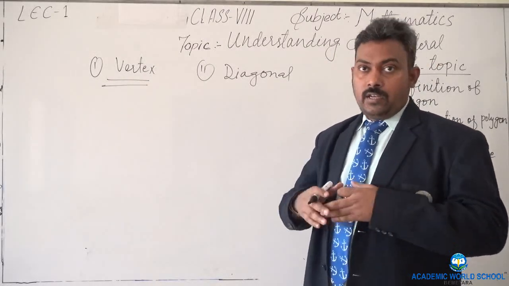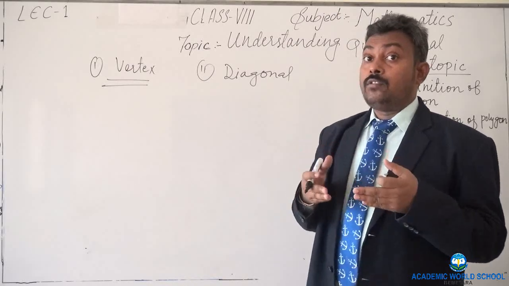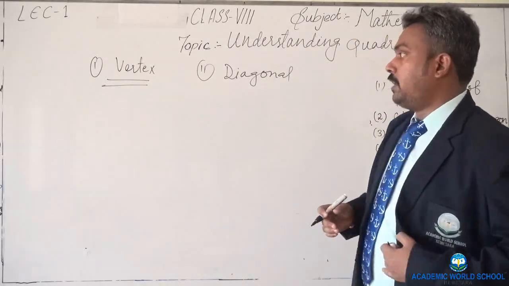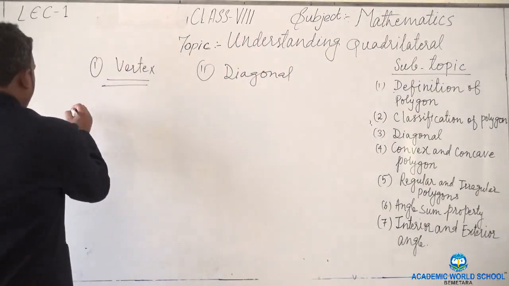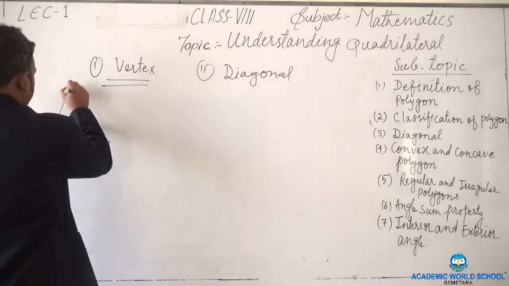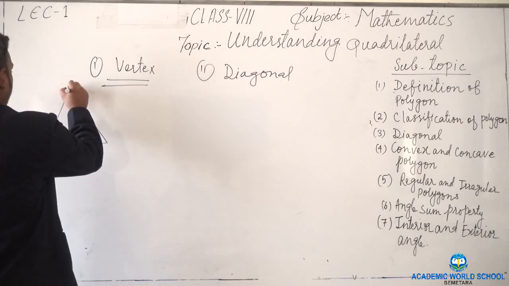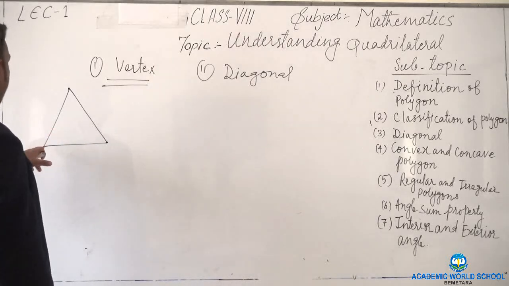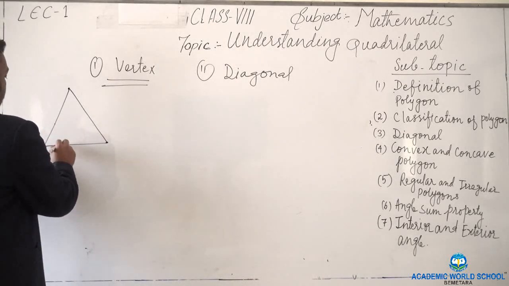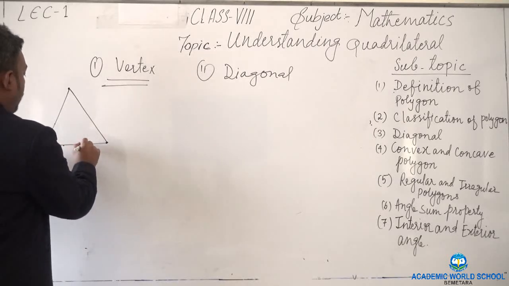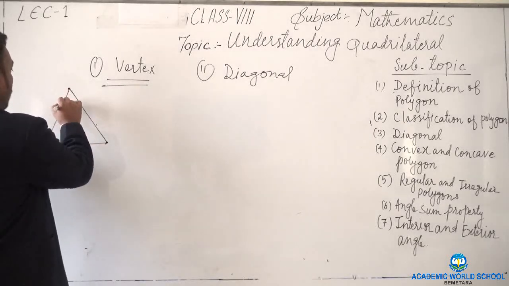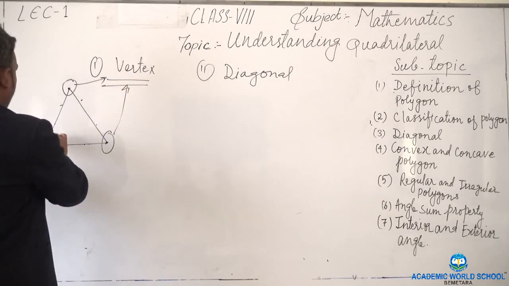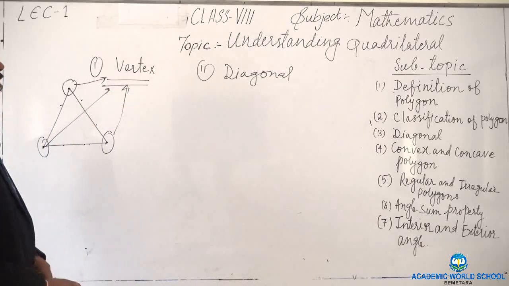For example, if we take a triangle, this is called a vertex, because at this point these two line segments are meeting, at this point these two line segments are meeting. So this is called a vertex.